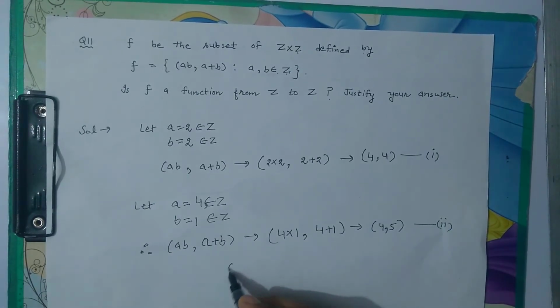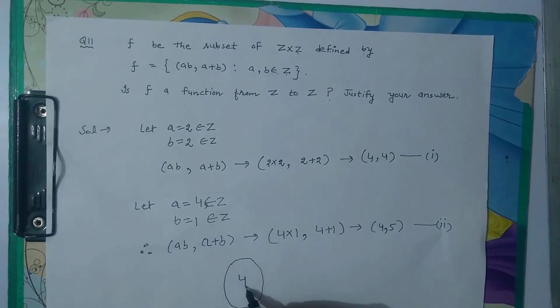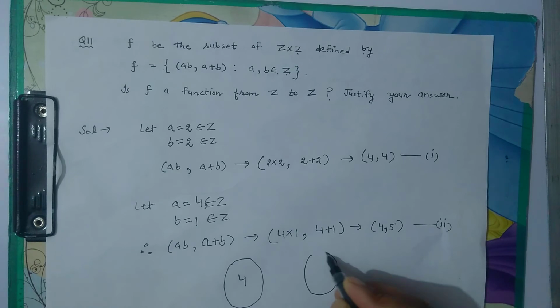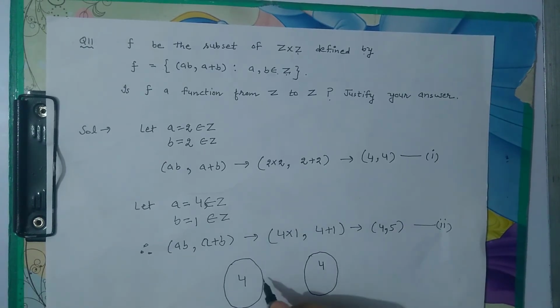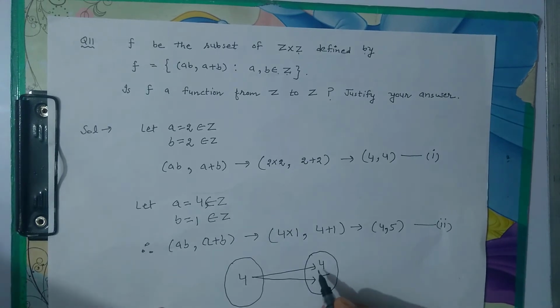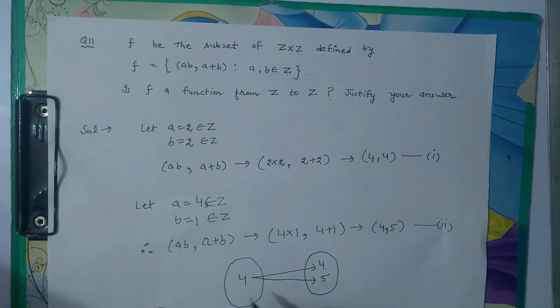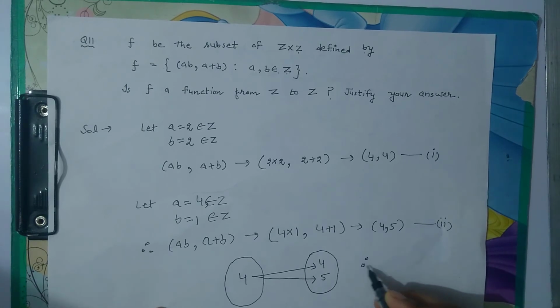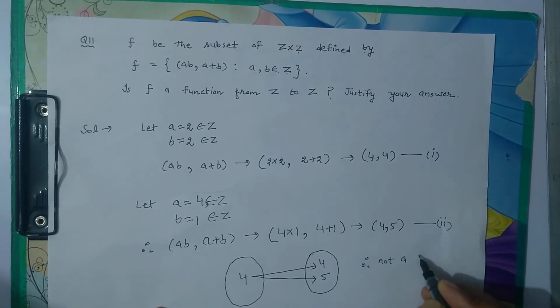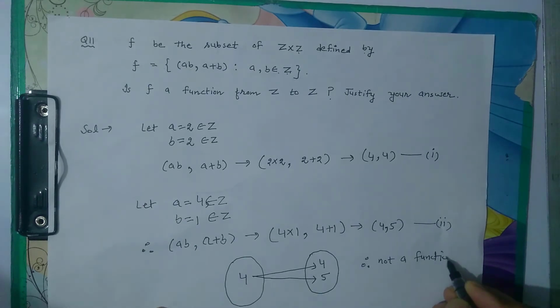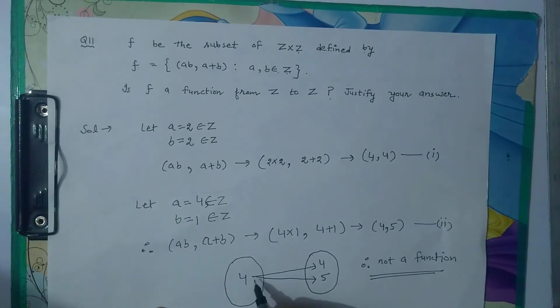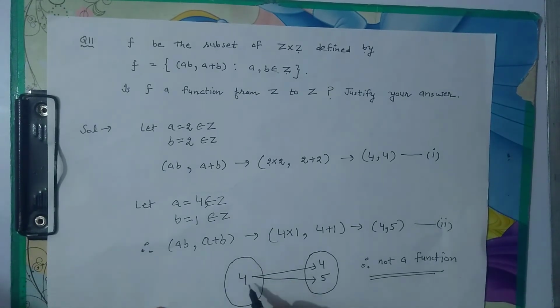So what we see here: 4 has the image 4 in case 1, whereas in case 2, 4 has the image 5. So different images, the image of 4 is not unique, so not a function. The definition of a function is that each element of the first set should have a unique image. So this is not a function.